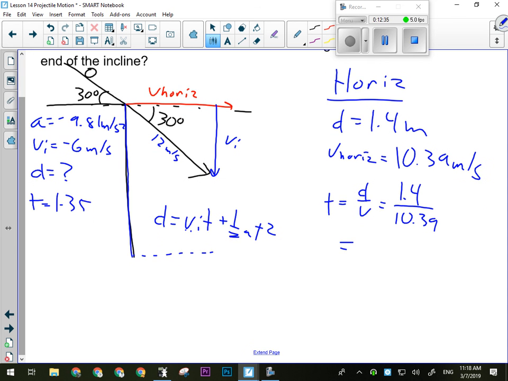When I plug this in, I'm going to have negative 6 times, sorry, 0.135. That was 0.135, not 1.35. 0.135 the time, plus 1/2 times negative 9.81 times 0.135 squared.